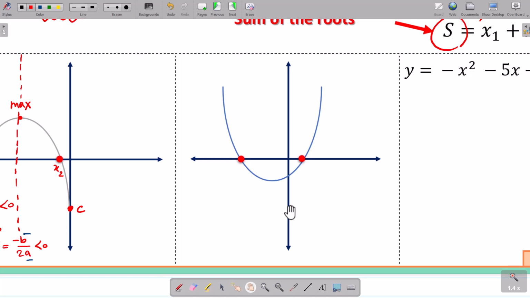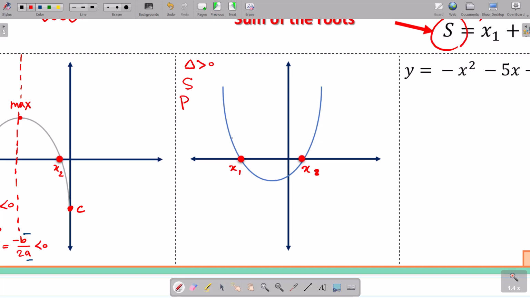Let's do this one. Again, we have two roots, so delta or discriminant will be greater than 0. One of the roots is in the negative part, one of them is in the positive part of the x-axis. I want to figure out the sign of S and P first. This was the sum of these two roots.